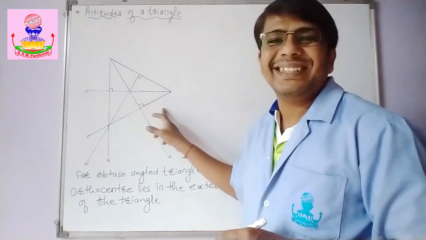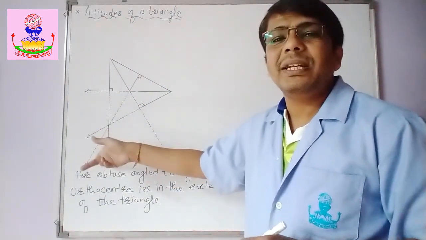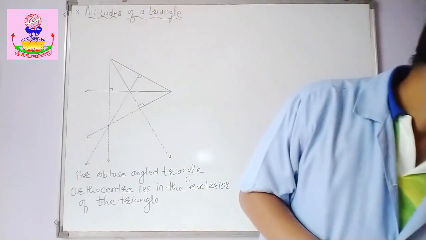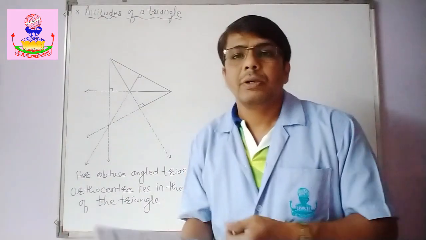Okay, that means two of the altitudes are in the exterior of the triangle and one is in the interior. Okay, and when you extend them, they meet each other in the exterior of the triangle.